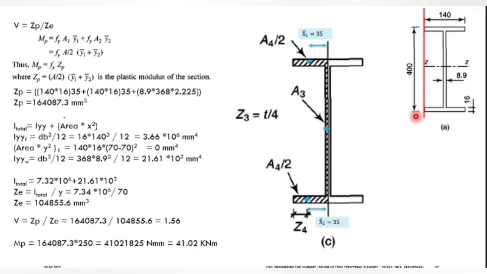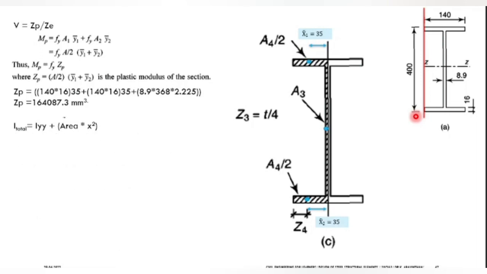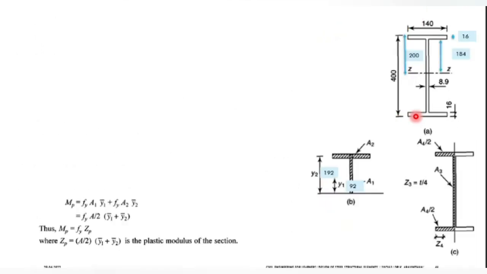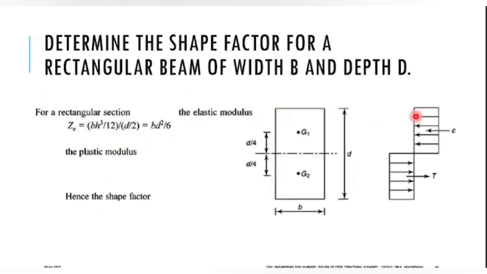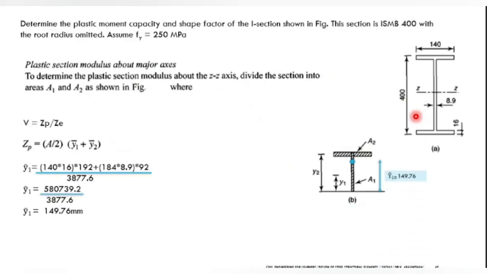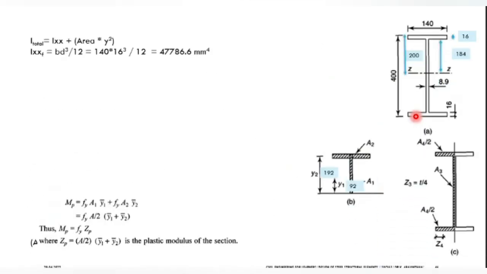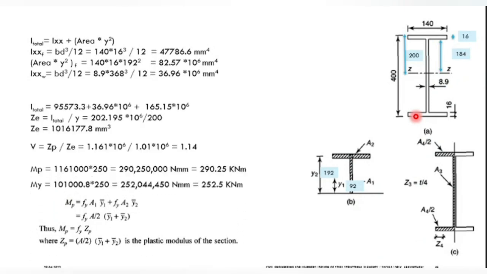And for the previous case, what was the answer? If you divide those answers, if you are dividing 290.25 by 252.5, you will be getting 1.14.